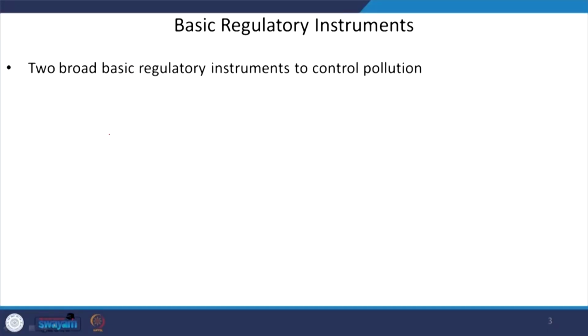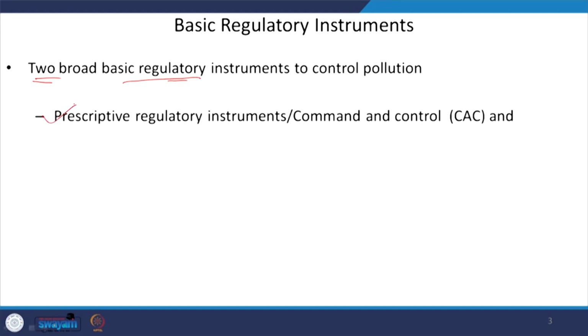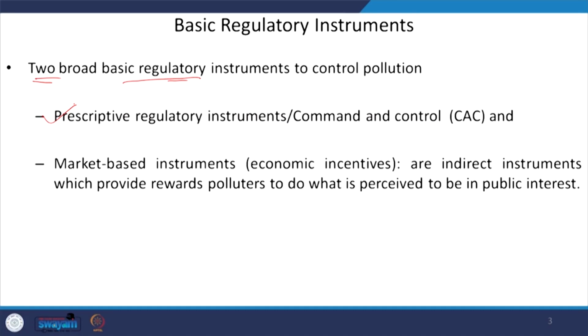So, first of all we will understand the basic regulatory instruments. As you understand, we have two broad categories of regulatory instruments in order to control pollution. These two forms are the prescriptive regulations, which is also known as the command and control approach, and the second one is the market based instruments.